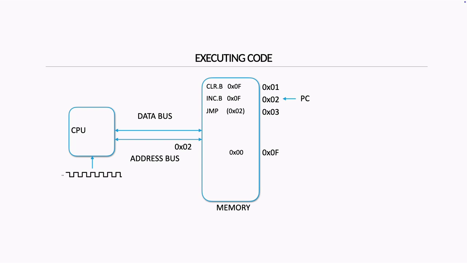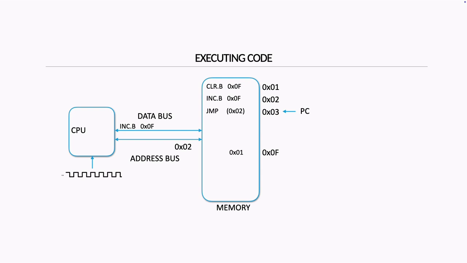The process repeats again. The PC is loaded into the address bus. The address bus now contains value 02. The instruction stored at address 02 is loaded into the data bus.